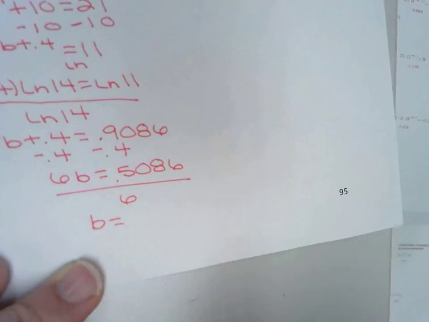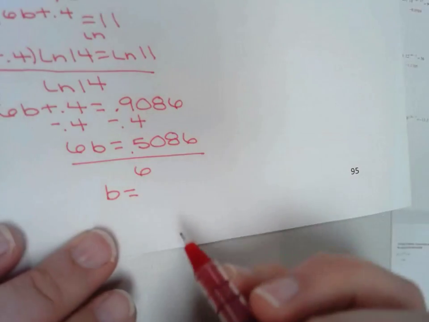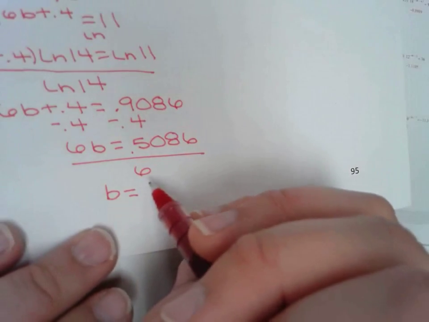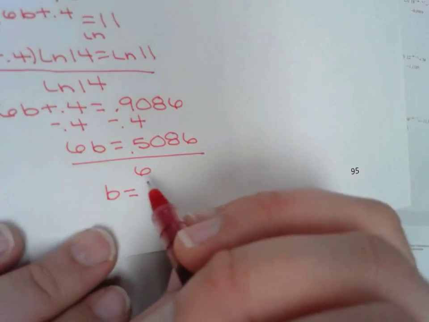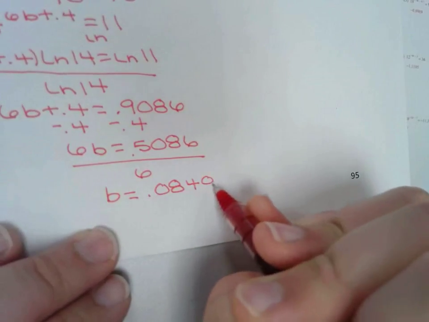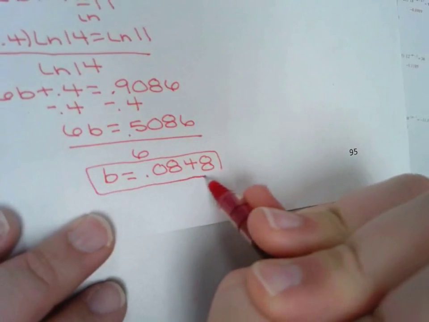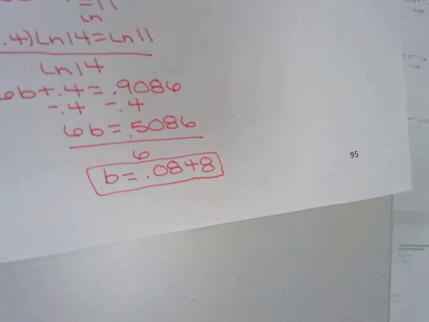Calculators will be your friend for these. 0.0848. Yep, round up, 4 decimal places, nearest ten thousandth. So these are doable, they're just kind of weird because you have to do exponential equations, which we're not super familiar with. Okay, I'm going to do one more with you.